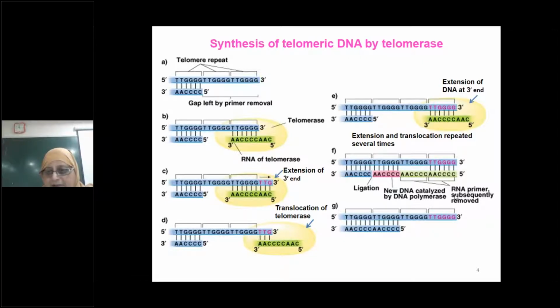Then the RNA primer will be removed and this gap will be filled up by the DNA polymerase. New DNA will be catalyzed by DNA polymerase and the gap will be sealed by DNA ligase. This is how the shortening of DNA is prevented by the telomerase enzyme.